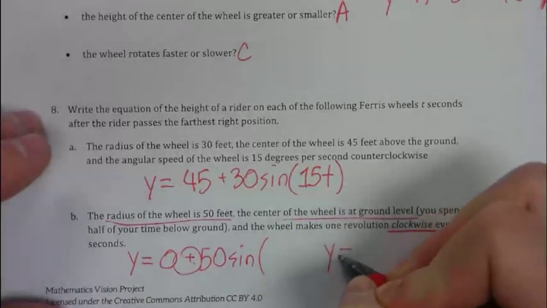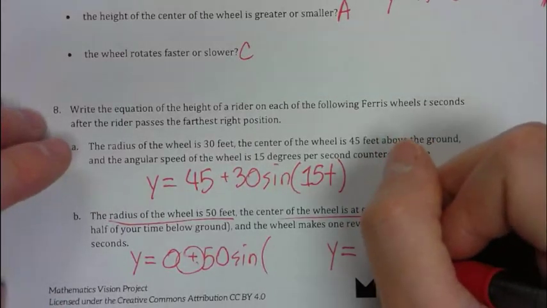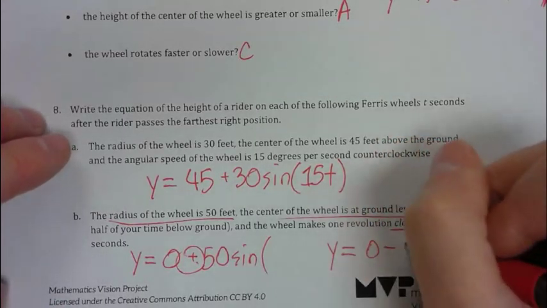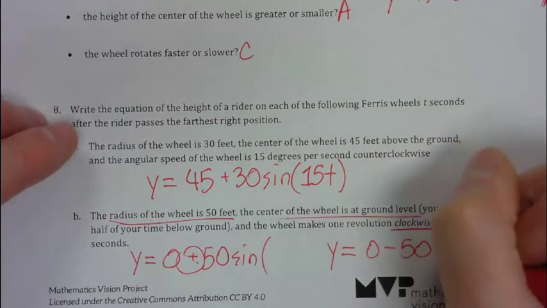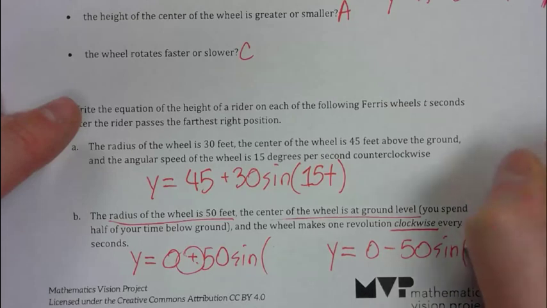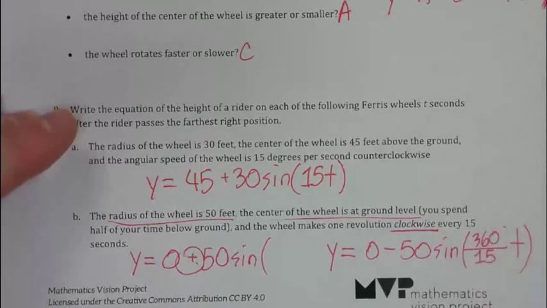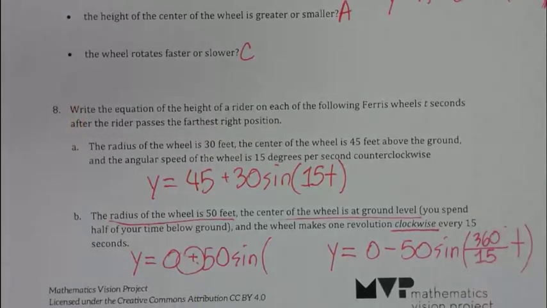So y is now going to equal 0 minus 50 sine, and then we're going to do 360 degrees divided by 15t. And that's another sine function that we're going to be looking at.